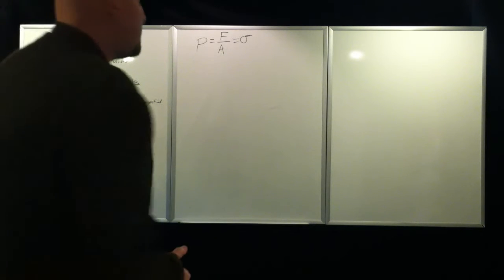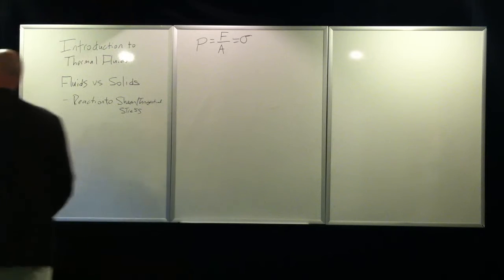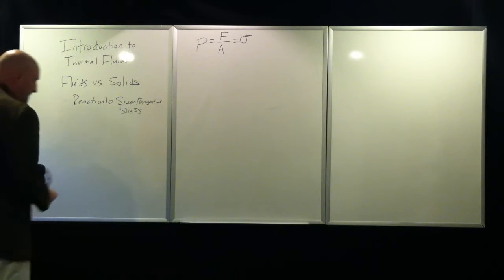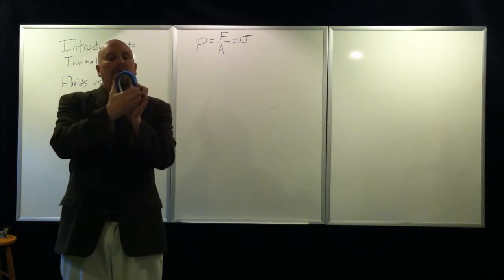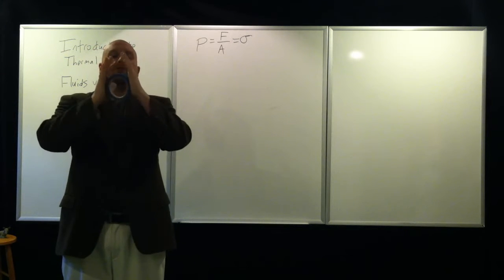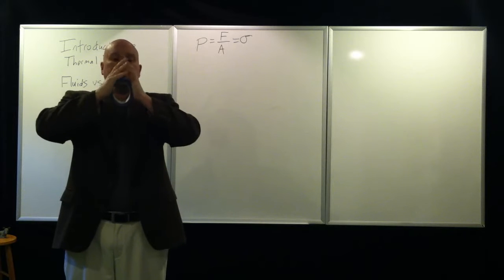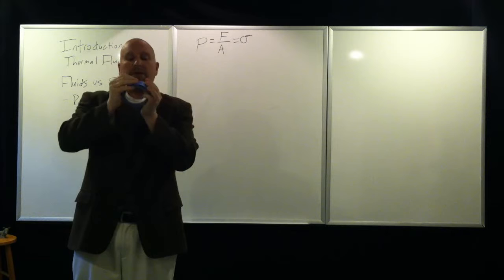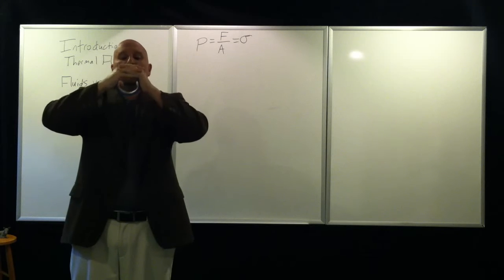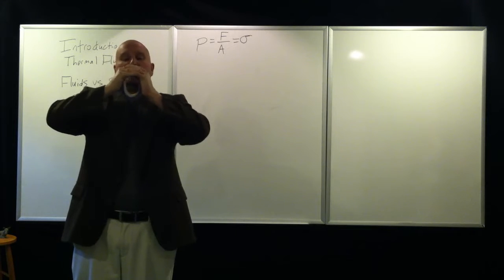Let's look at what that's going to be. If we have a stress that is perpendicular, we'll see the deformation that we get. So here we go. Apply a force, and I'm applying it over an area, and you see I get a deformation, how the solid reacts to normal stress, perpendicular.